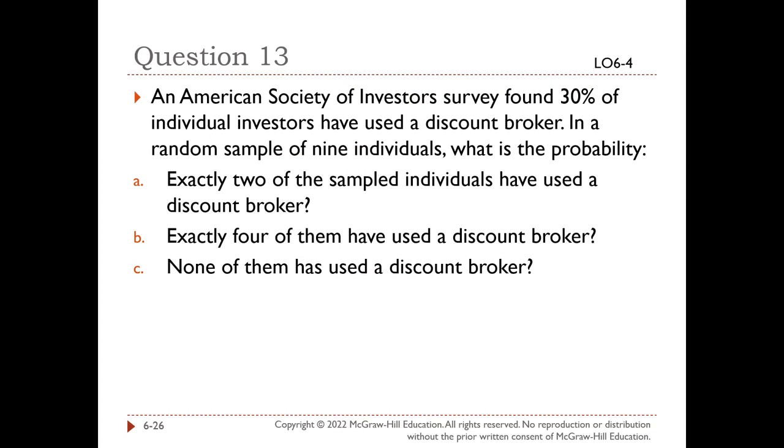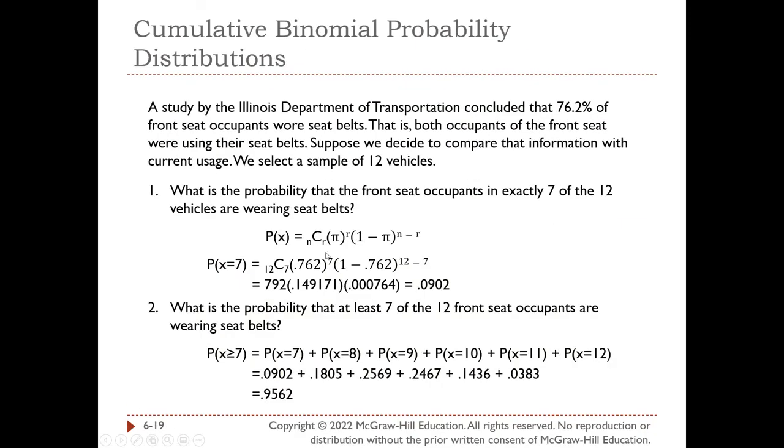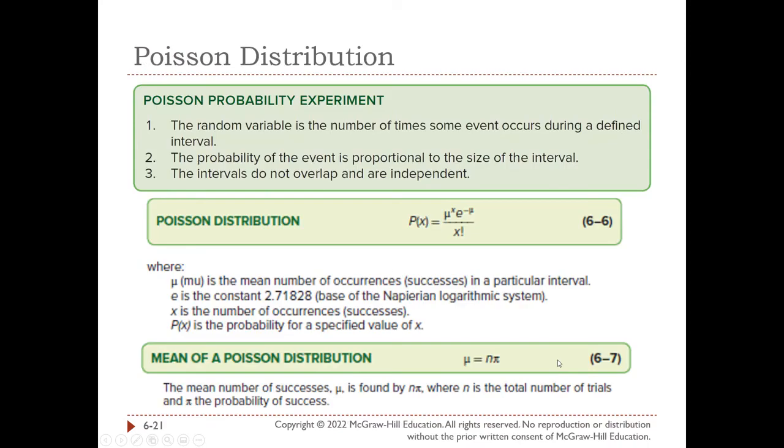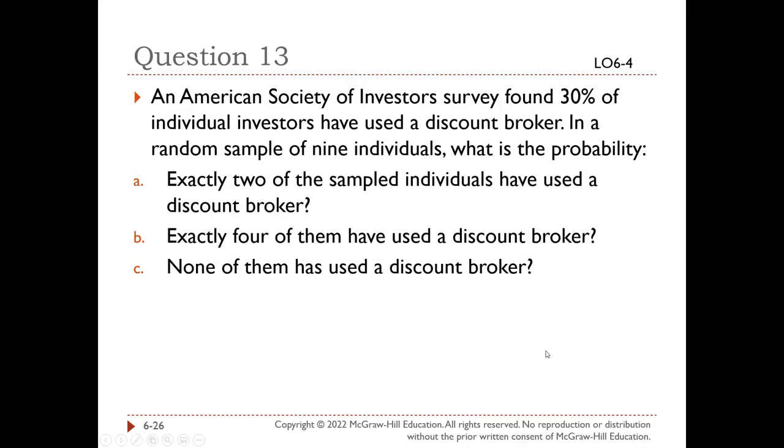Basically, again, we're using these fun numbers. So n combo r are x, pi x, 1 minus pi n minus r. So I'm going to show you how this works in the calculator. Alright, so exactly 2 of the sample individuals have used a discount broker. Okay, so we want to find out 2.